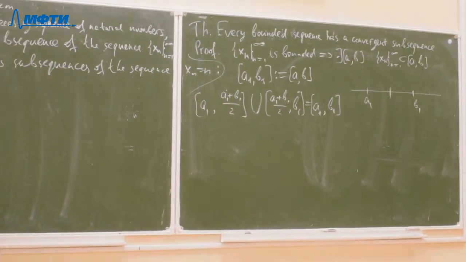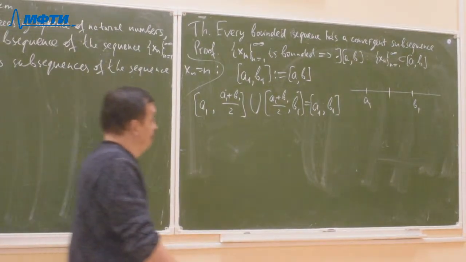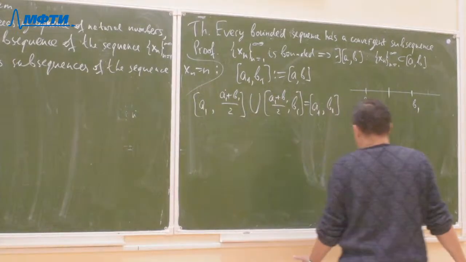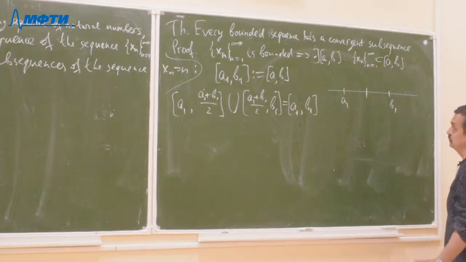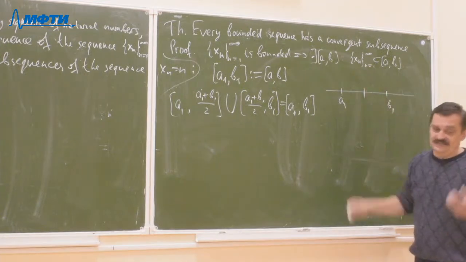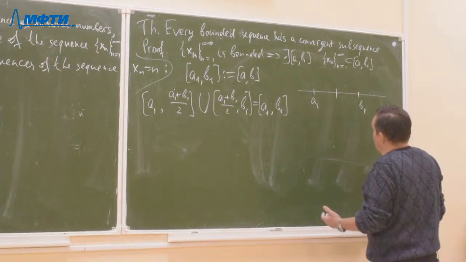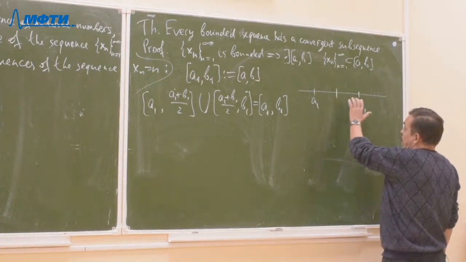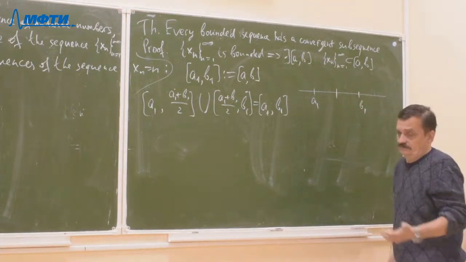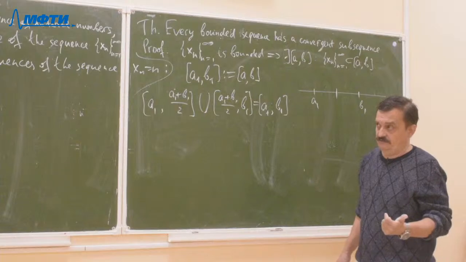And now, what do we know about our sequence? Our sequence has infinitely many terms. And we have two parts of the interval.